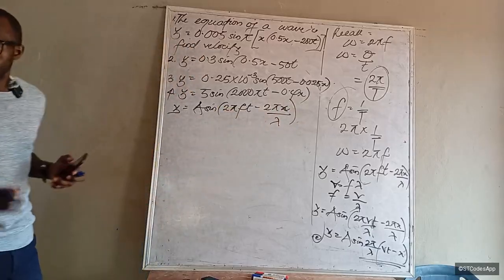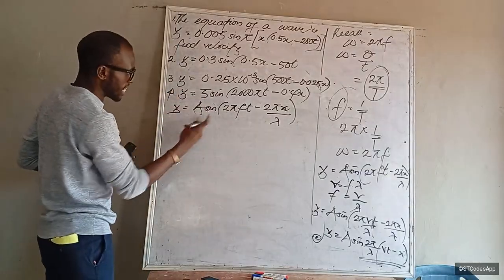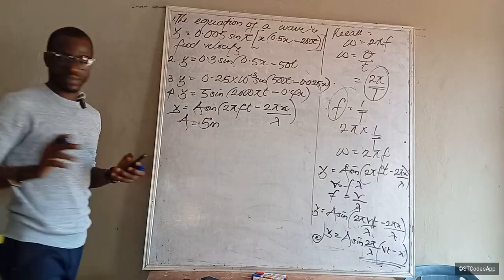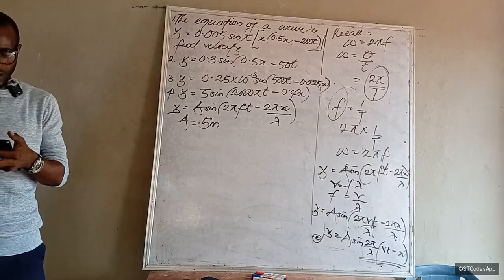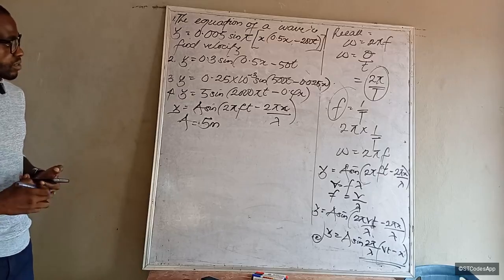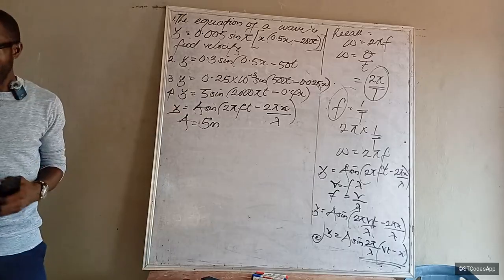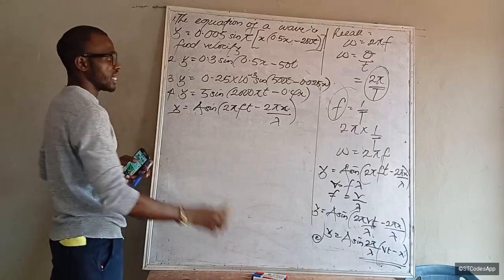From here, just compare. y is y, right? 5 sine, a sine. So a will be what? 5 meters, given that we are giving in meters. Do you understand now? Just compare. 5 is A, so A is 5. If we have to find amplitude, we'll just say it's 5.